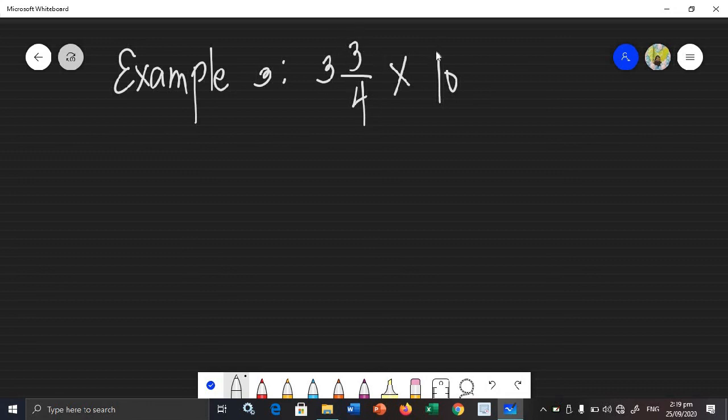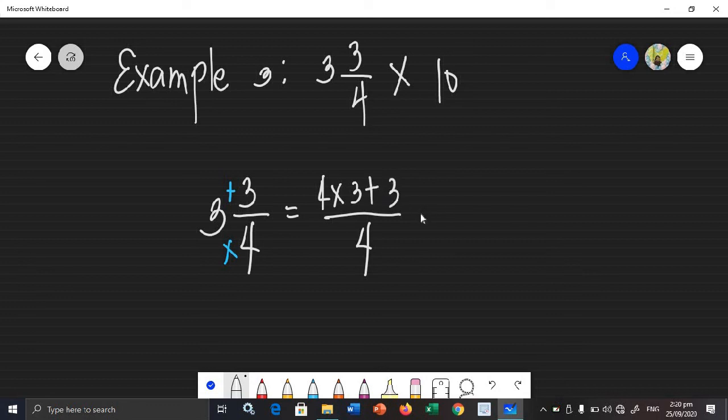So we have a mixed number and a whole number. So first, for the mixed number, of course, we will convert this into an improper fraction, right? So over 4 and then 4 times 3 plus 3, okay? So 4 times 3 plus 3. And the answer is 4 times 3 is 12, okay? Plus 3, that is 15 over 4. This will be your new given, okay?